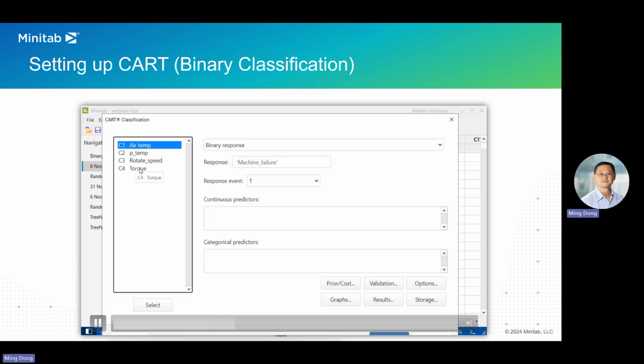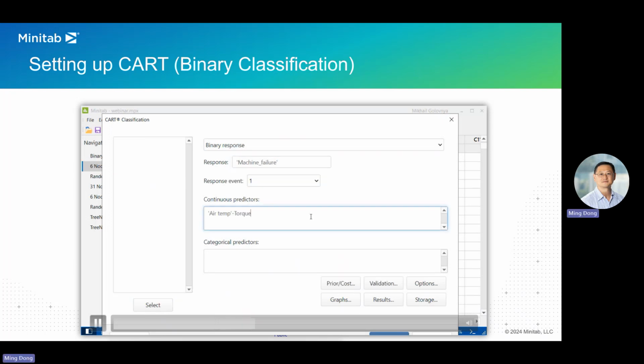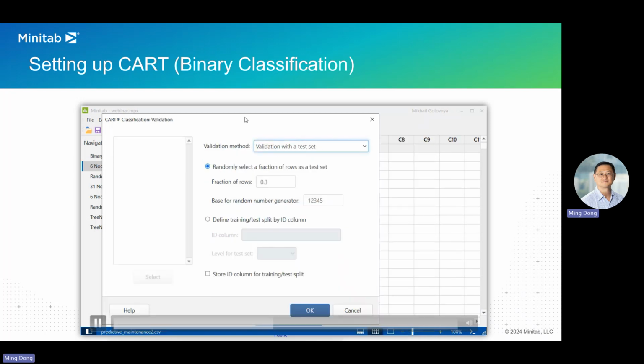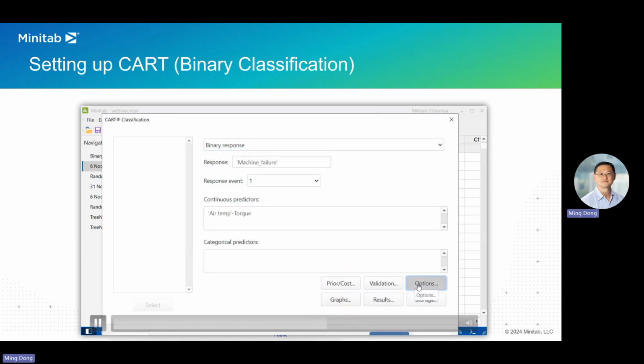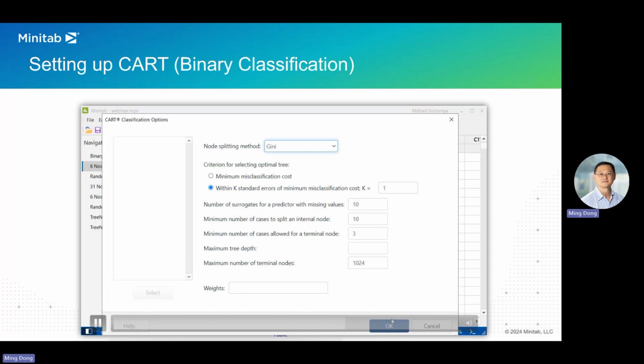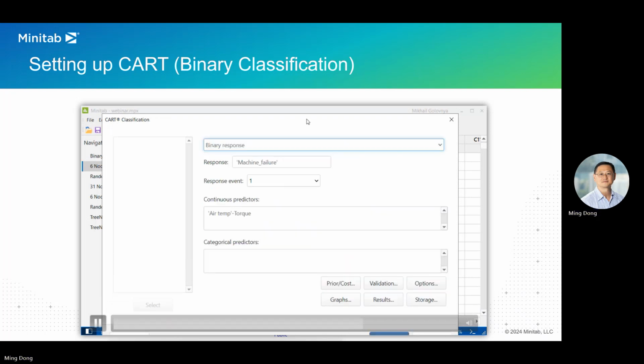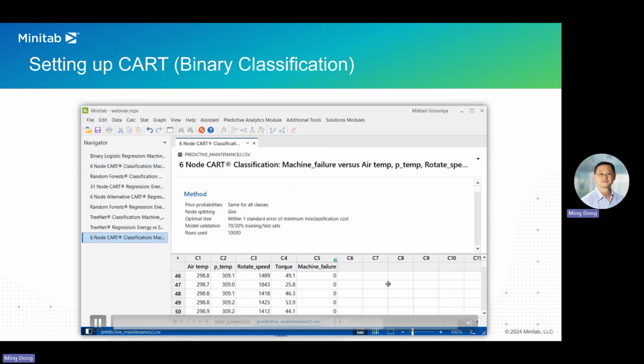I'm looking for 1, which is failure. I'm putting in all the continuous predictors. And if you look at the validation, we use a test data set: 30% for testing, and the other 70% for building a model. That's it.